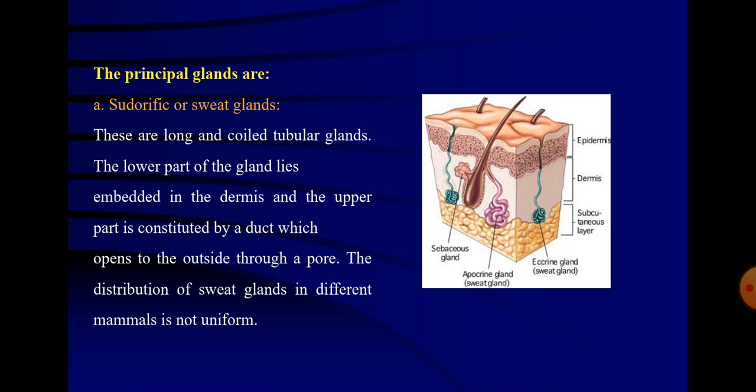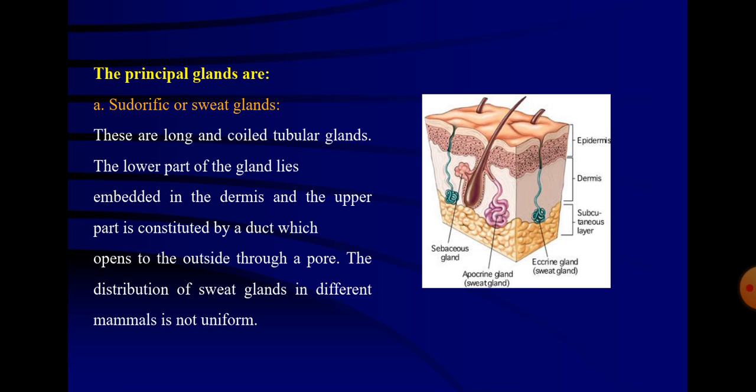What are these sweat glands? They are the actual organs which are providing the appropriate temperature to the body. As in plants, we know that transpiration helps for the circulation of water.